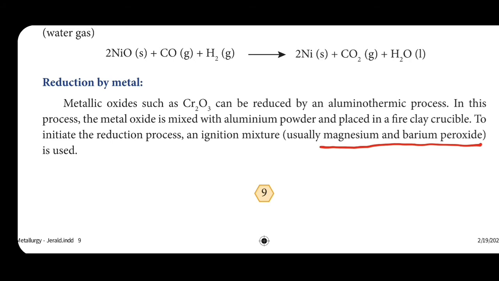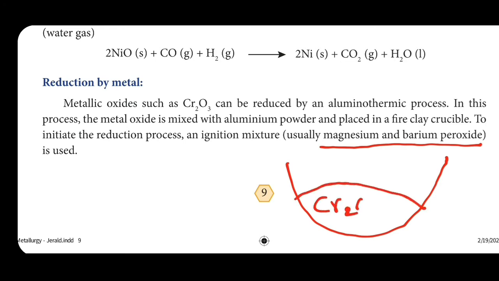So this is fire clay crucible. In this fire clay crucible, Cr2O3 and aluminum both are taken. Above this mixture, ignition mixtures are taken, usually magnesium and barium peroxide.